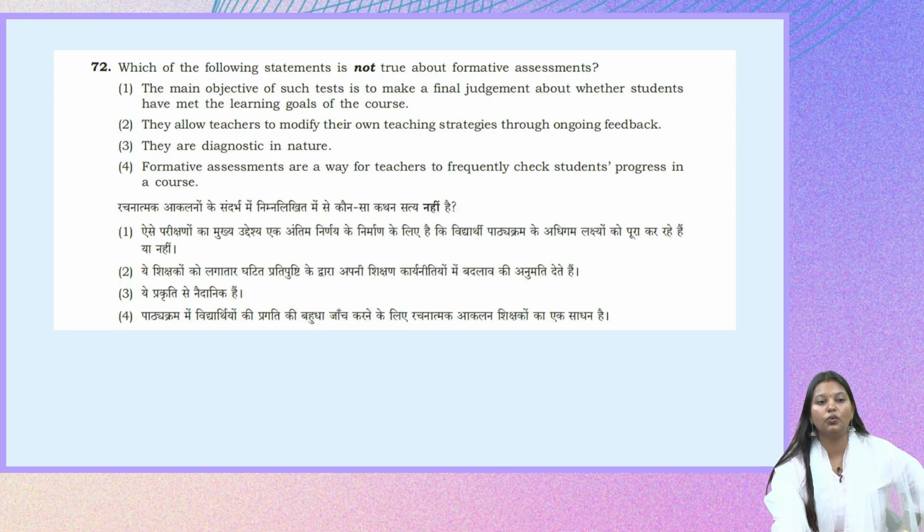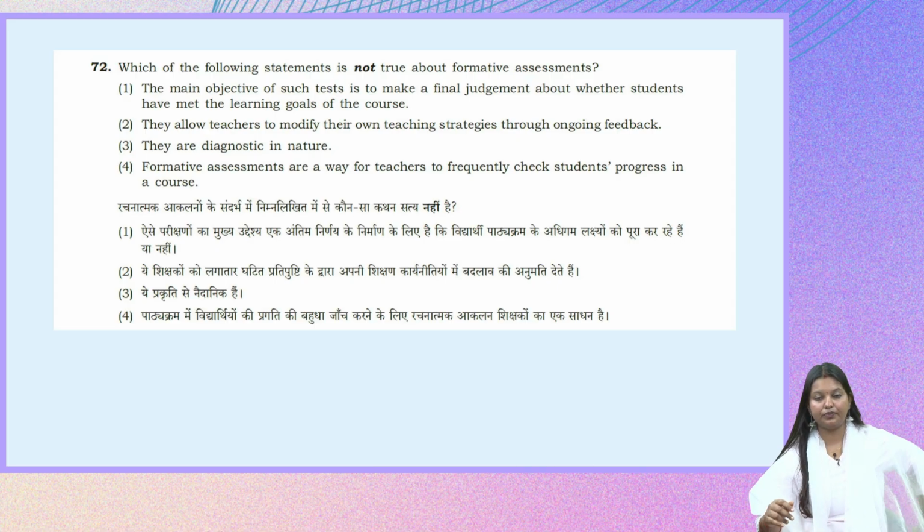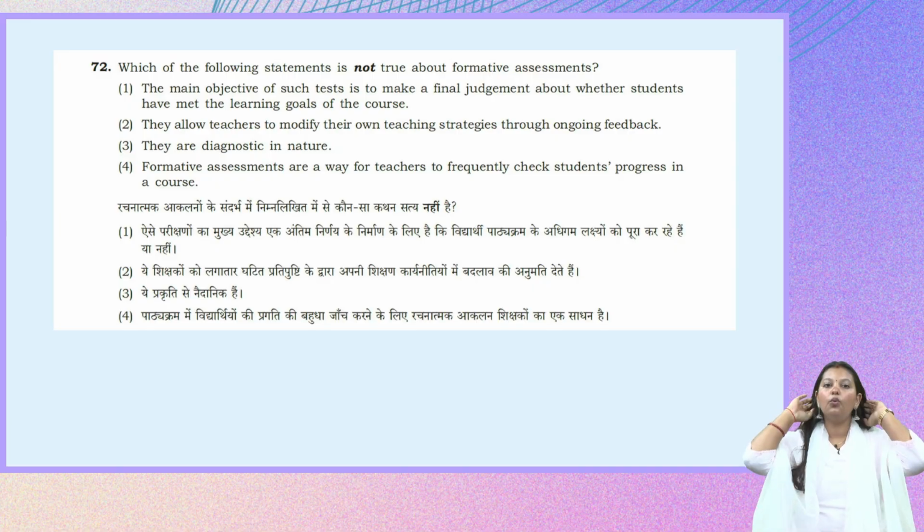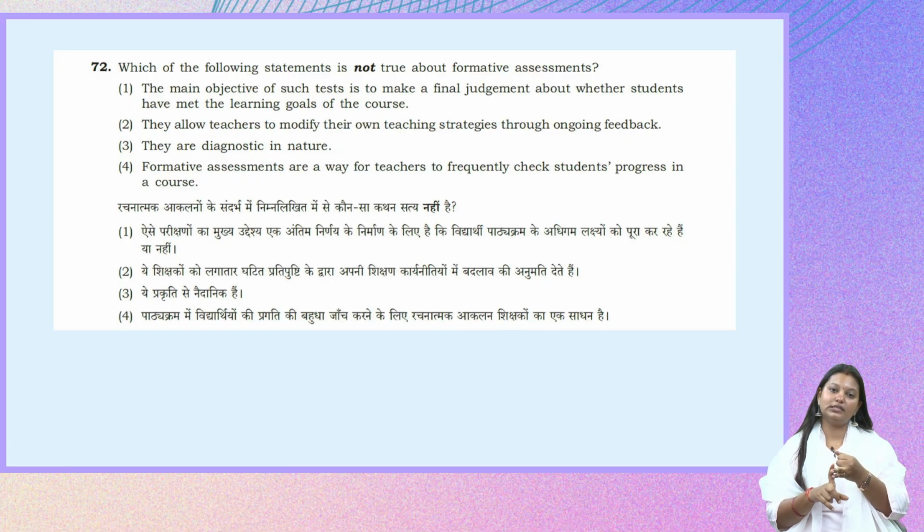Moving on to the next question. Which of the following statements is not true about formative assessments? The main objective of such tests is to make a final judgment about whether students have met the learning goals of the course. So, we know what is formative assessment and what is summative assessment. Formative assessments are those which are done or conducted frequently.